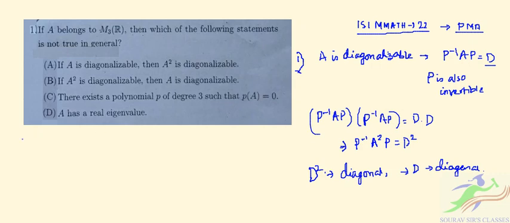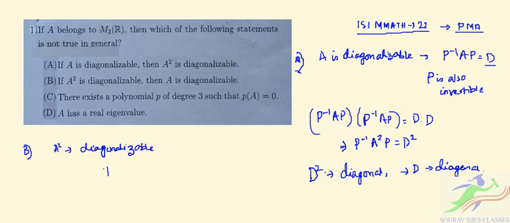Okay, so let's check the second option. This option is A. Let's start with option B. If A square is diagonalizable, then A is also diagonalizable. A square here is diagonalizable.